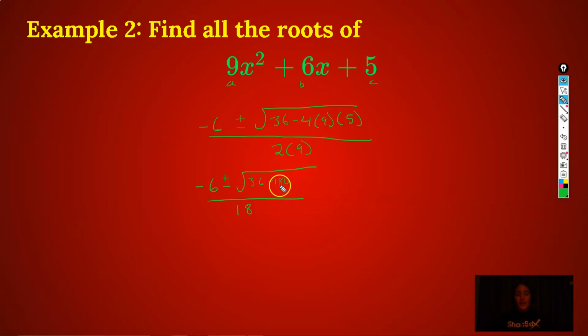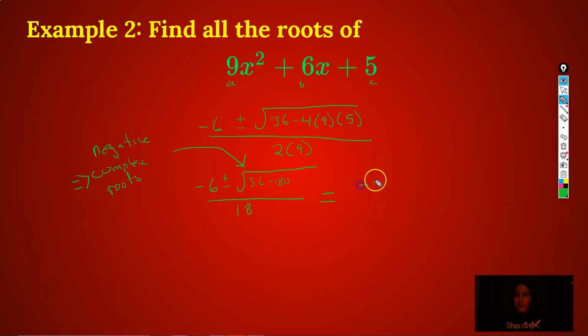Hey, 36 minus 180 is going to be negative, so these are going to be complex roots again. I look at my discriminant in here, and it's going to be negative. So again, I'm looking for complex roots.